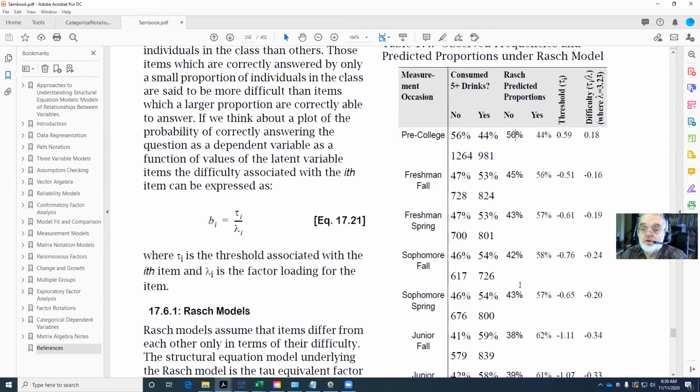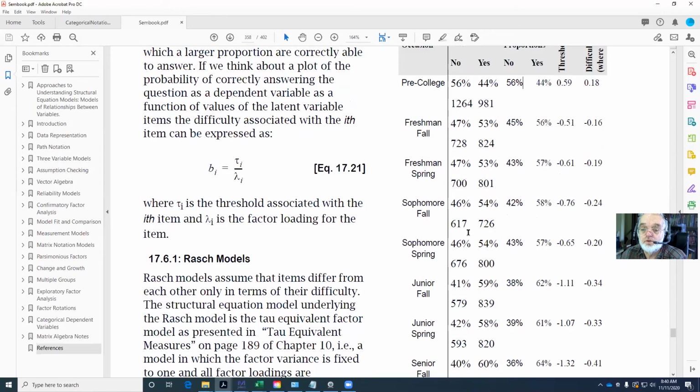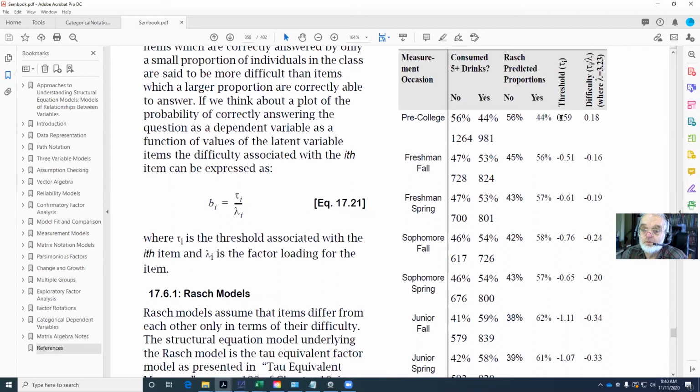As you can see here, this gives me the predicted proportions of people on the latent variable across the different waves. And the corresponding thresholds in my Rasch model are this. The thresholds can vary across the individual items, although the loadings are the same. And the difficulty levels are this.